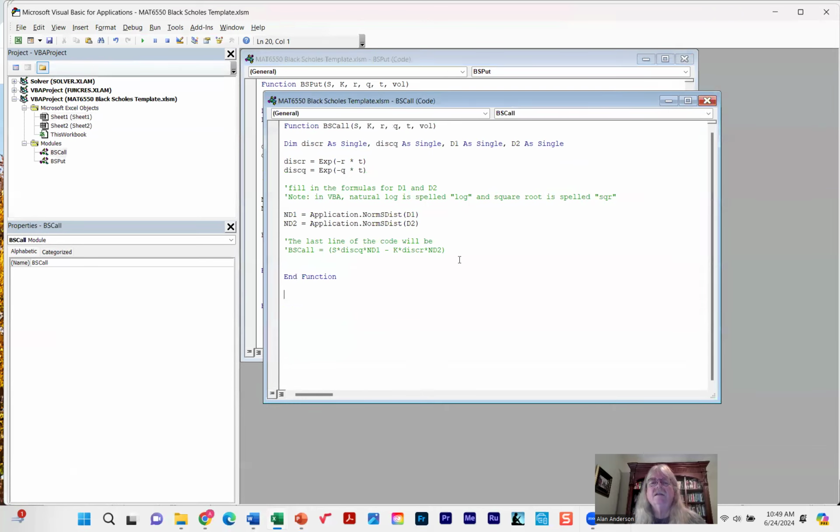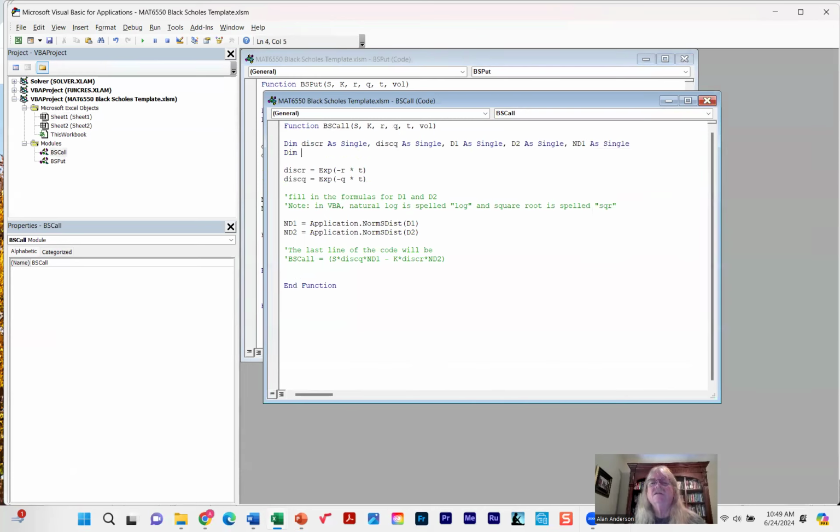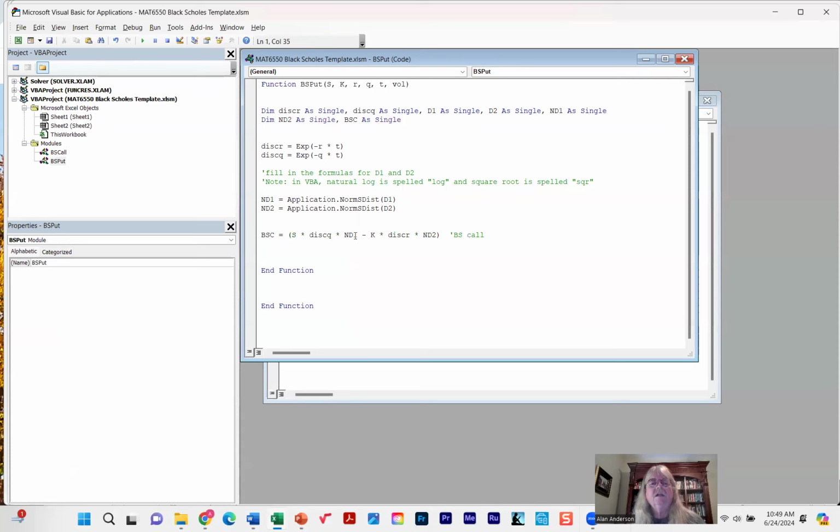And also while we're at it, I think I want to add a little more here, just to be on the safe side. So anyway, the reason why I'm doing this is so you run this program, but don't forget, you have to fill in D1 and D2.